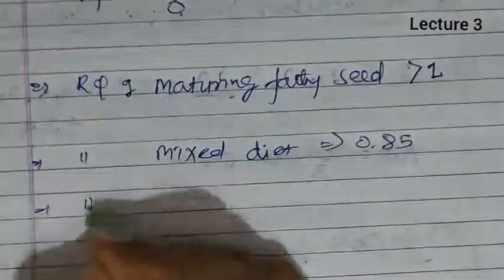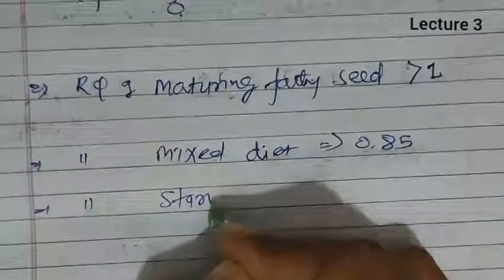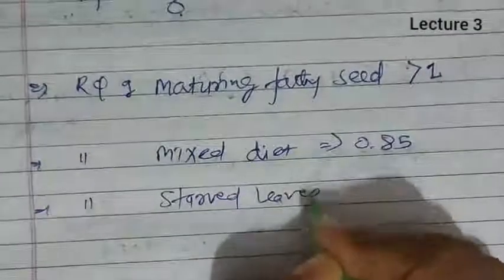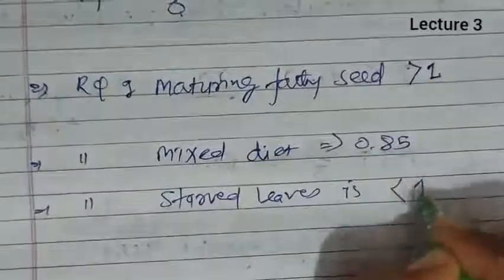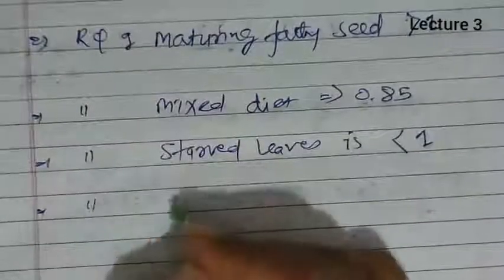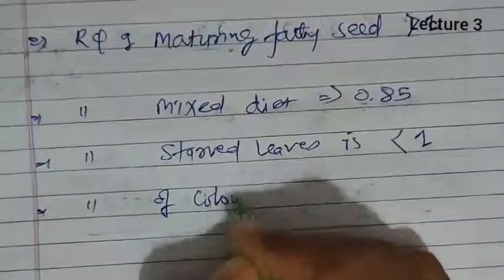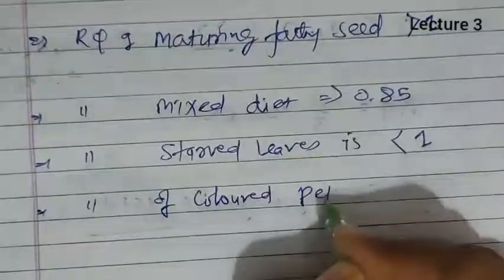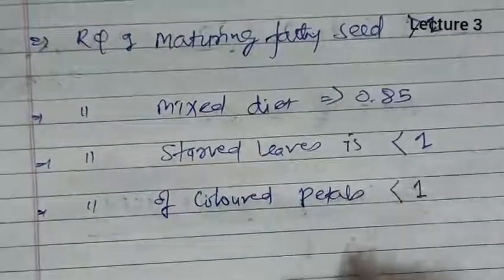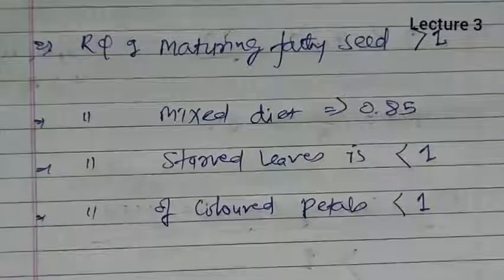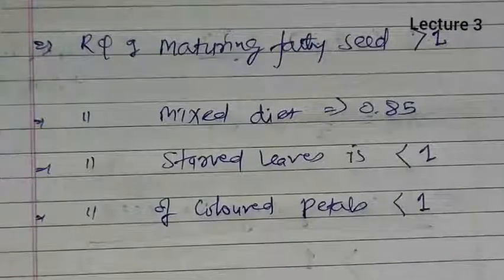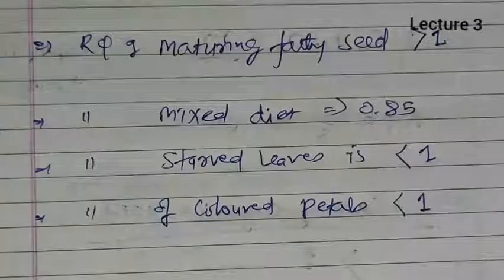Then the RQ of starved leaves is less than 1, and the RQ of colored petals is less than 1. So these are the different RQs found with respect to the different respiratory substrates.